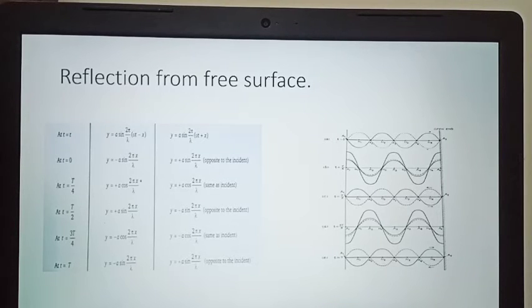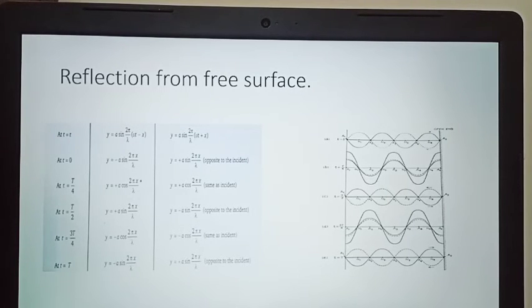Which means at t equal to 0, the graphical representation is like that only. The points N1, N2, at t equal to 0, you can have the points for nodes and antinodes.